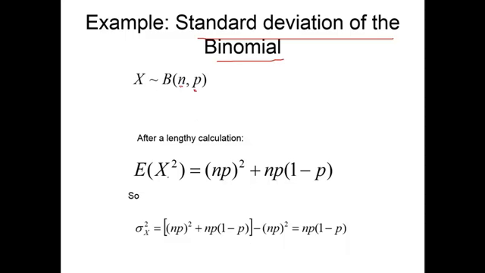After a lengthy calculation, and I suspect you will trust me now when I say lengthy, I mean lengthy, we get the expected value of X squared is equal to (np) squared plus np times 1 minus p. And so we take that and subtract from it the square of the expected value. It gives us np times 1 minus p.